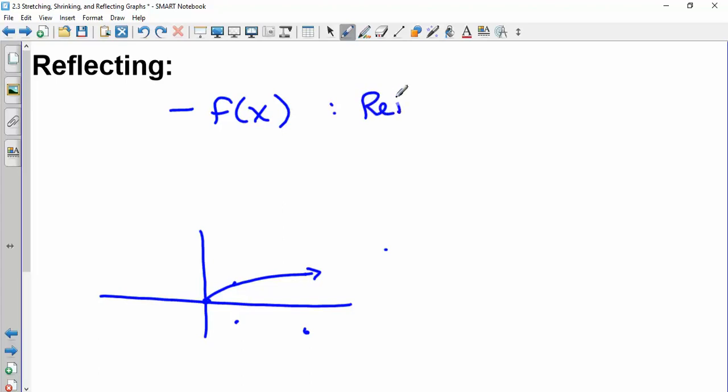It reflects or flips over, which axis is this? X. The x-axis. So if you make your y's negative, it flips it down over the x-axis.